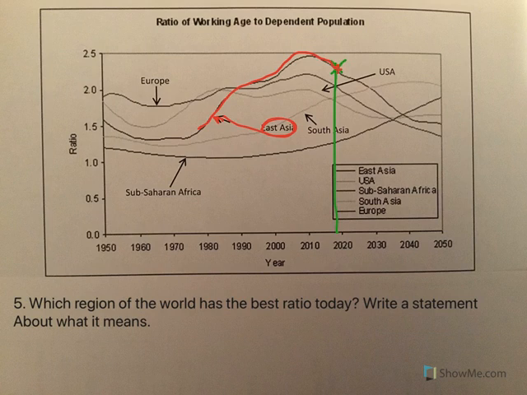And it's roughly, I don't know, maybe 2.3. So they're at like 2.3 over 1. So 2.3 workers for every 1 dependent. You might have estimated that to be a little bit different, but that's what it means. So they have the best inverse ratio of anybody today.